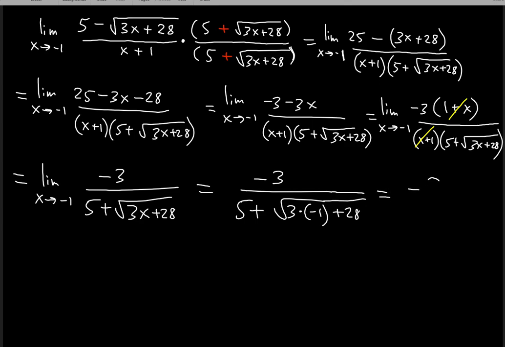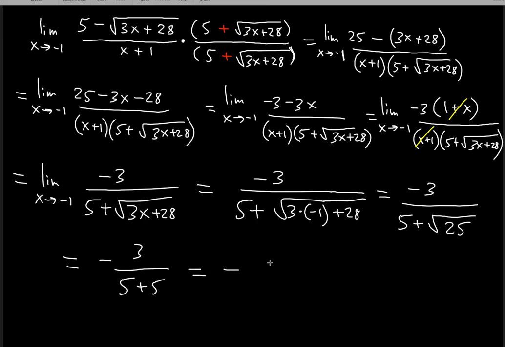And that should give you minus 3 over 5 plus the square root of minus 3 plus 28, which is 25. So that gives you minus 3 over 5 plus 5, which is minus 3 over 10. So this is your limit value.